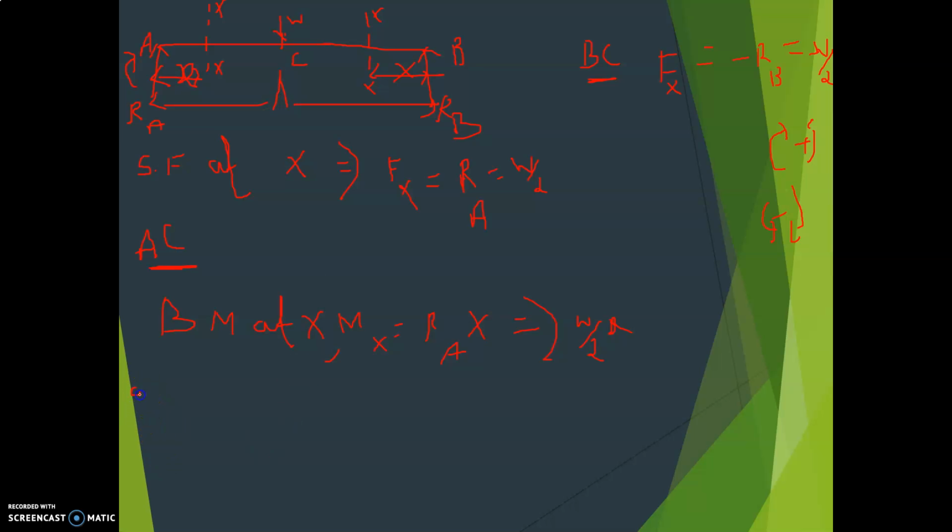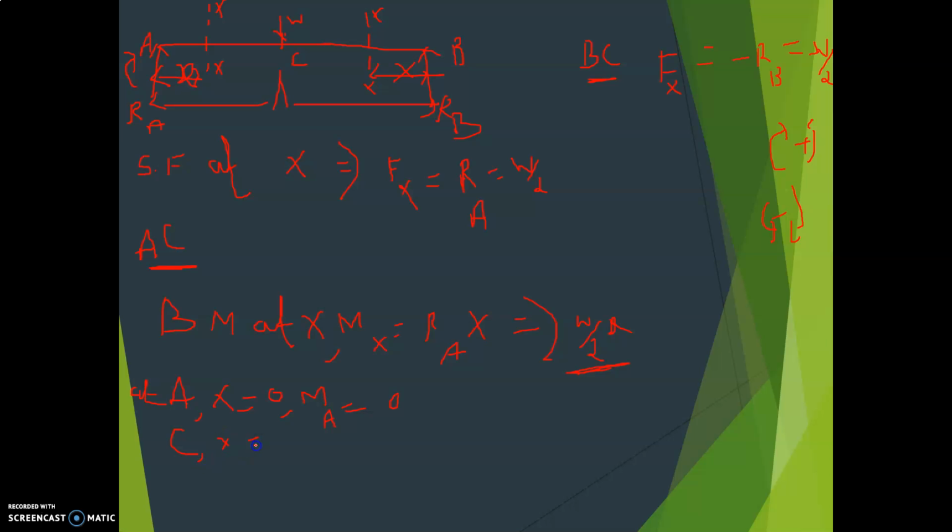Now at different points you calculate. At A, what is X? X is equal to 0. So bending moment at A is equal to, substituting here, W divided by 2 into 0, that becomes 0. Okay, next at a general point it is W divided by 2 into X. Next at C, what is X?